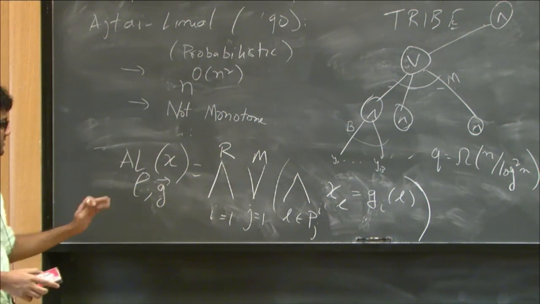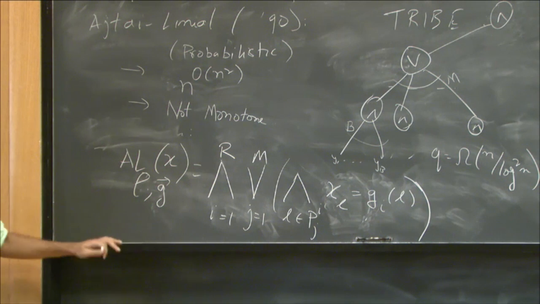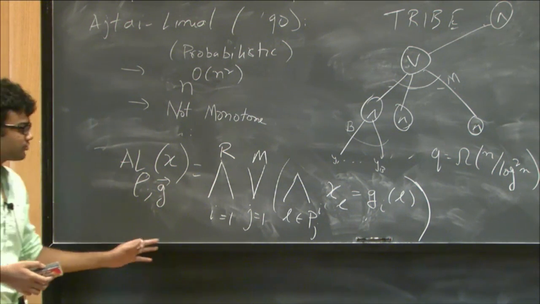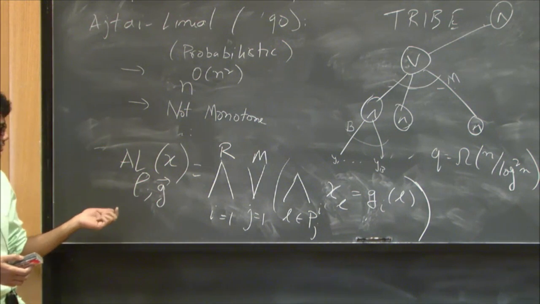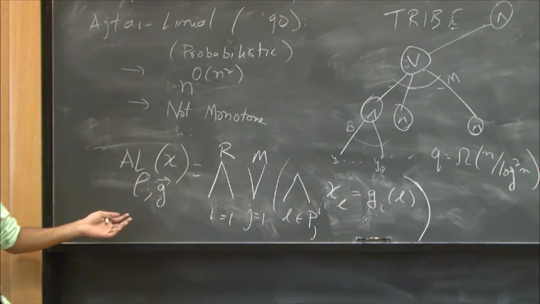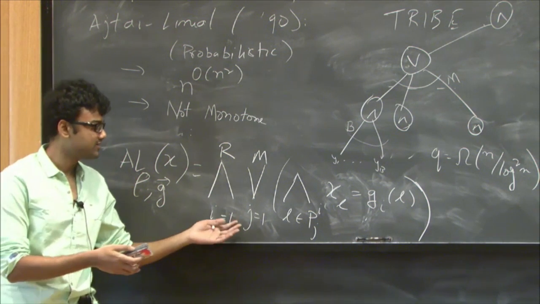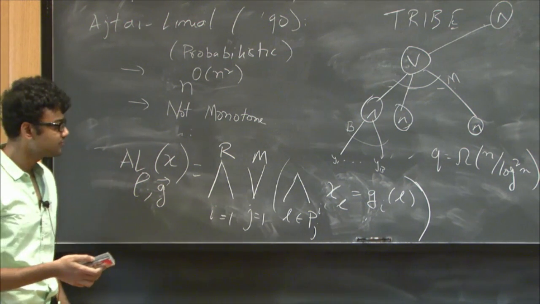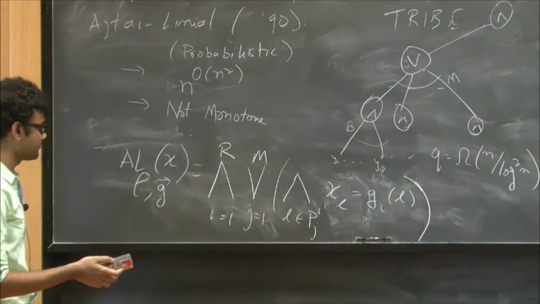Our construction is a modification of the Ajtai-Linial function, making it monotone and also explicitly constructing a collection of partitions such that the properties of influence and the bias are also preserved.